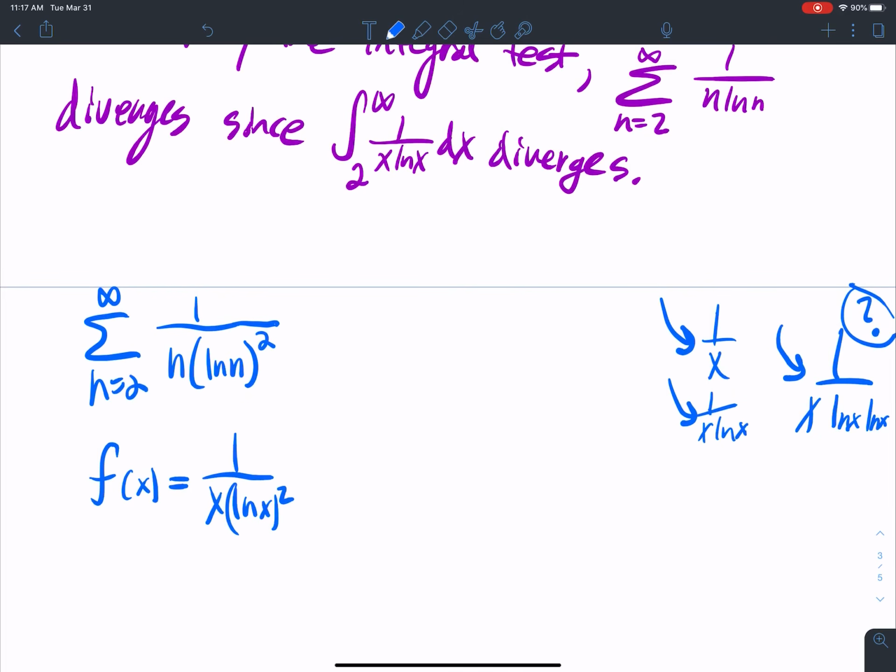Now, is this continuous? Yes, just like for our same reasoning, f is continuous for x greater than or equal to 2. It's only discontinuous for x equal to 0 and x equal to 1 still, okay?